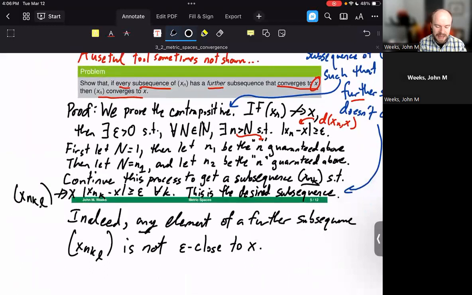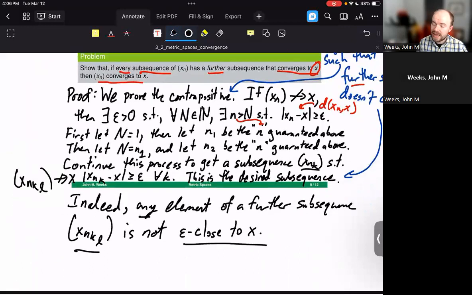That is, x of nkl cannot be epsilon close to x. But since they can't be epsilon close to x, there's no way for them to converge to x, because eventually you'd have to get to some sort of cutoff point so that every element inside of this subsequence is within epsilon of the value of x. Notice that we've now gone through and proven the contrapositive of this statement, which gets us to proving the statement given in the problem.